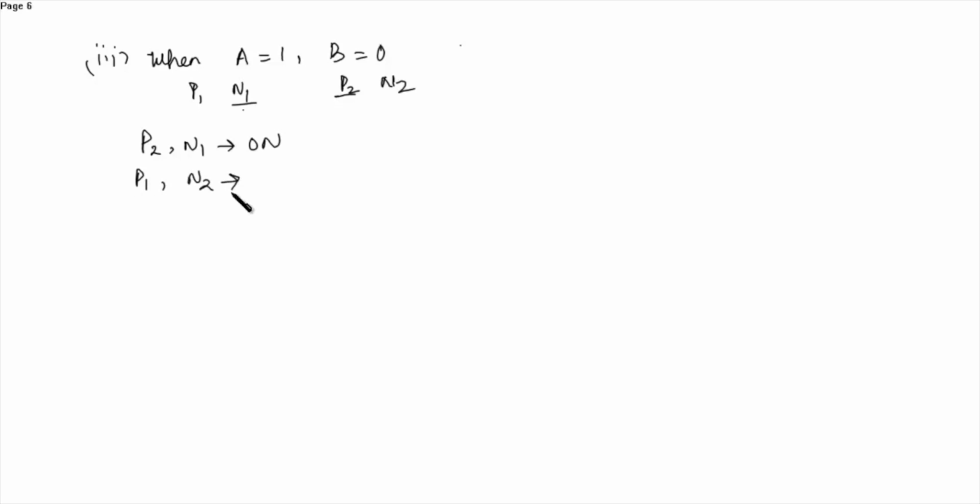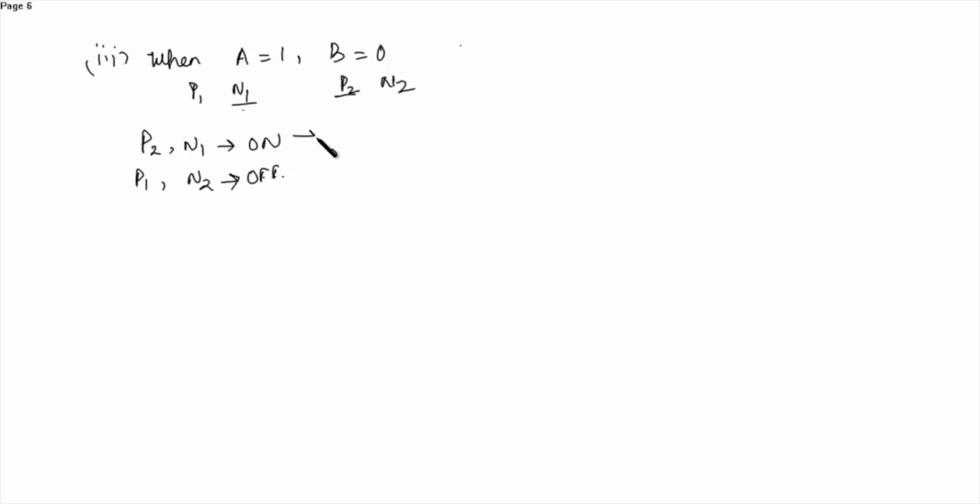The third condition is when A is equal to 1 and B is equal to 0, then here it's P1 and N1, it's P2 and N2. When A is 1, then N1 will turn on. When B is 0, then P2 will turn on. So here P2 and N1 will turn on, P1 and N2 will turn off.